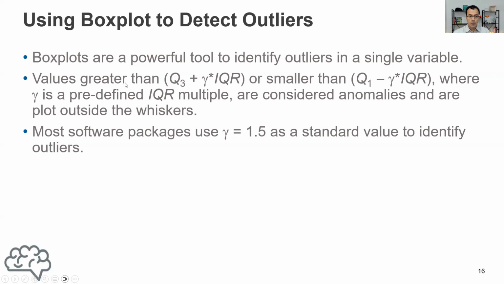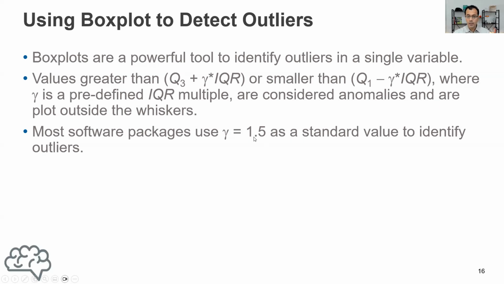Basically, this technique takes the value of Q1 and the value of Q3, and based on them and a predefined multiple or constant, we calculate if a value belongs to this range or not. Right? So values greater than Q3 plus gamma times IQR or smaller than Q1 minus gamma times IQR are considered outliers. Usually, what most packages use is gamma equal to 1.5.